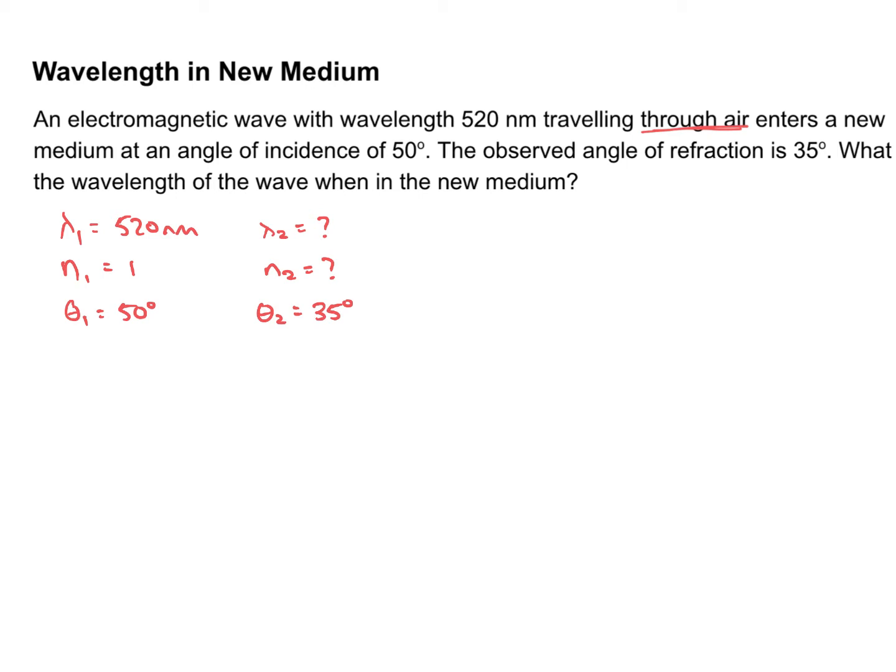Now, there's two versions of Snell's law. There's one where we use index of refractions, like this. And there's another version, I'll use a different color, where we use speeds.